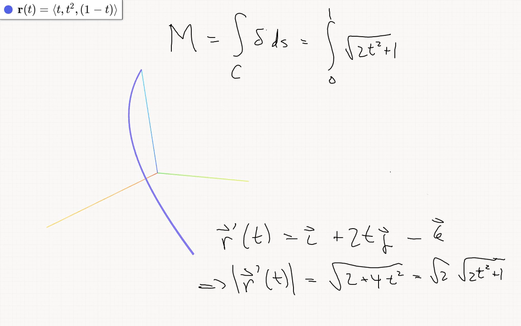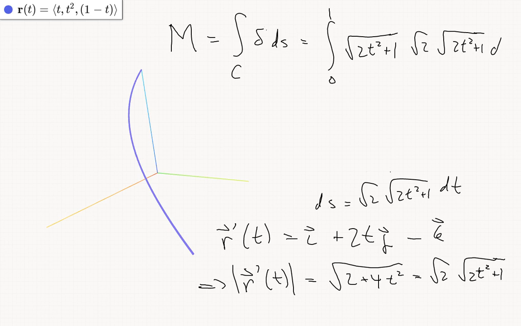Delta is root 2t squared plus 1. But then ds, we found ds is root 2 times root 2t squared plus 1 dt.